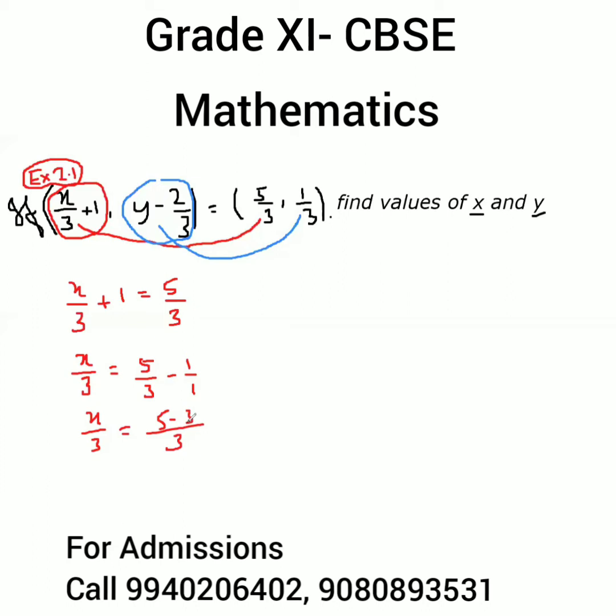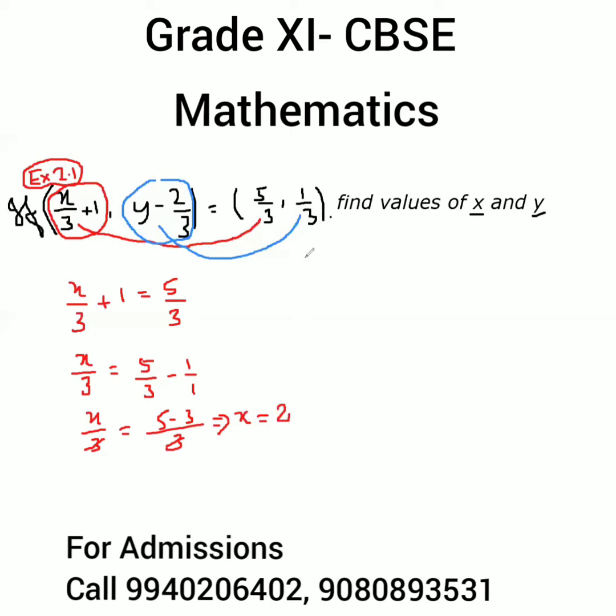Since the denominators are the same, you can cancel them, which implies x is equal to 5 minus 3, which is 2.